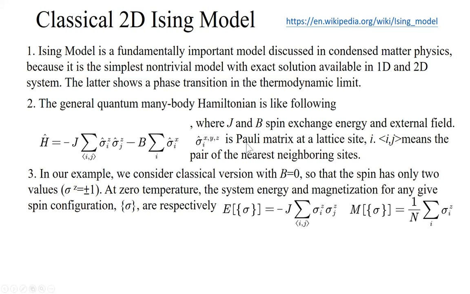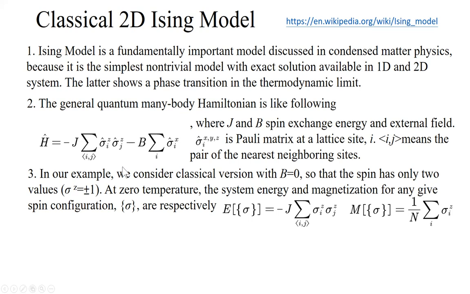Now this is the quantum mechanics version of the Ising model. But in our case, we emphasize the classical limit, which means that first of all, we take zero magnetic field. Because when there is zero magnetic field, all the spin operators commute with each other.